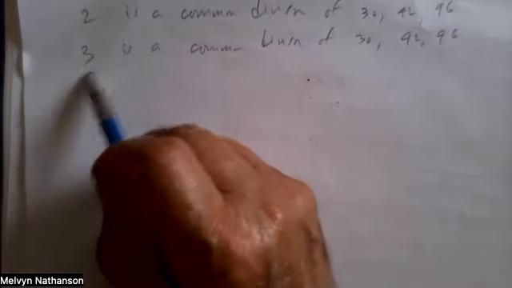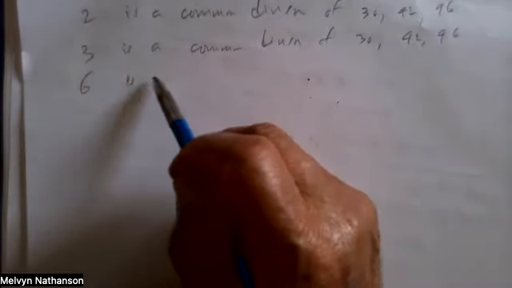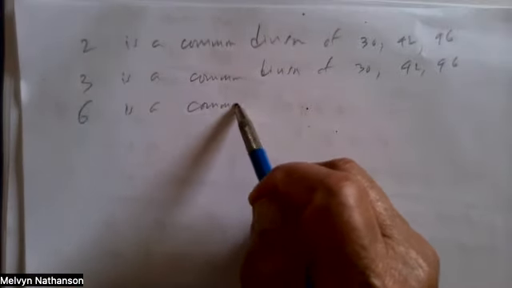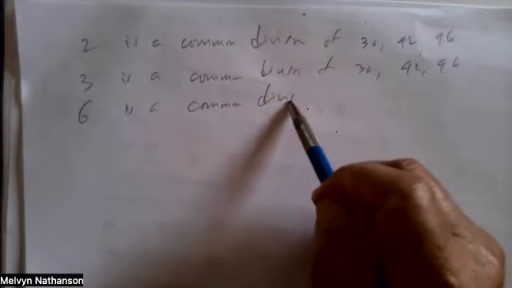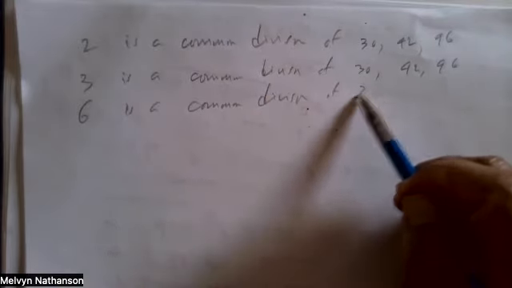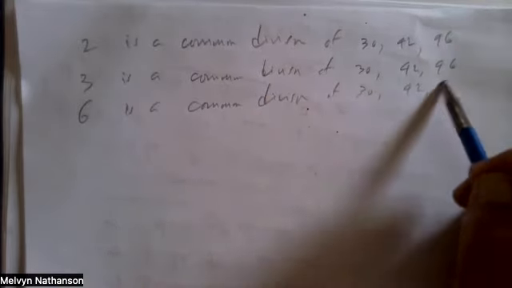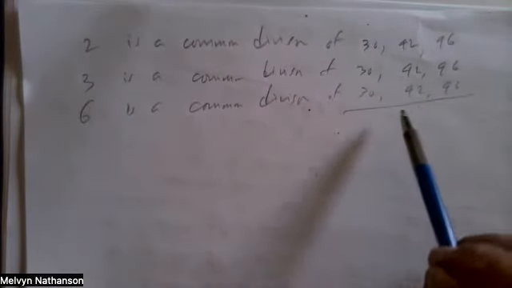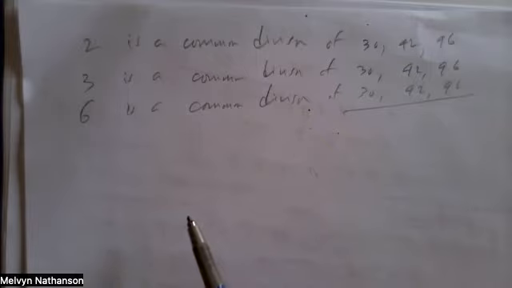Three is a common divisor also of these numbers, 30, 42, and 96. 6 is a common divisor of these numbers. Right? So this set of 3 numbers has many different common divisors.